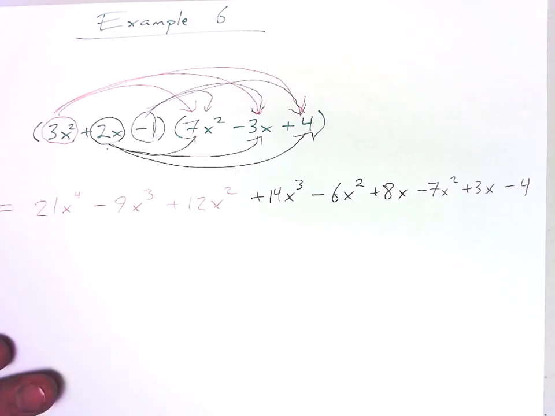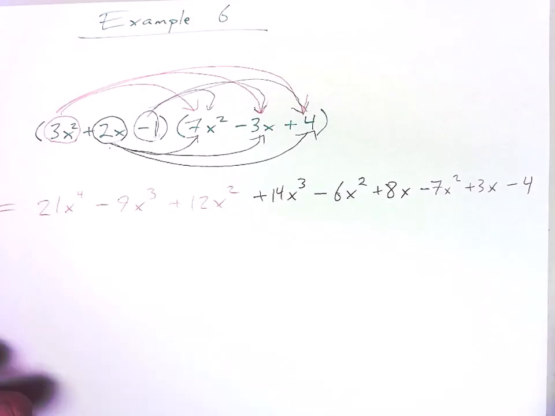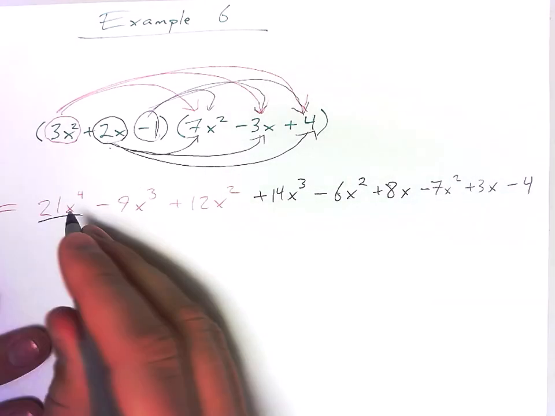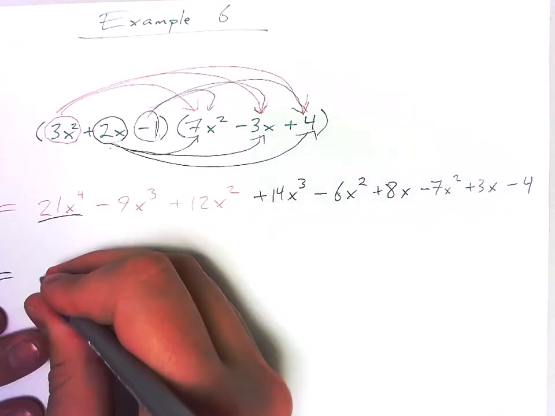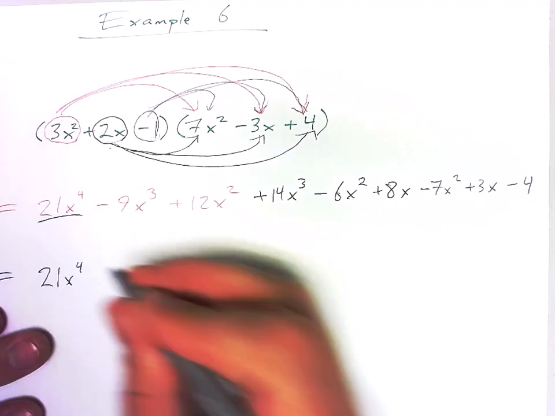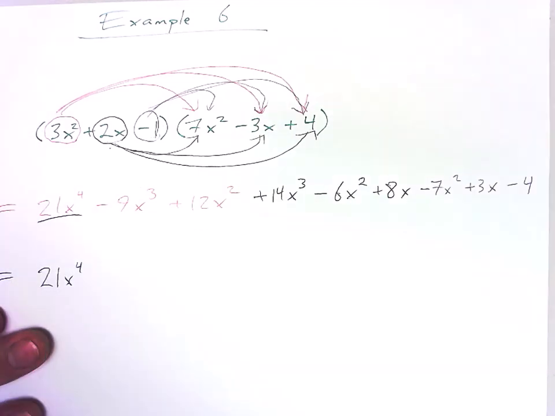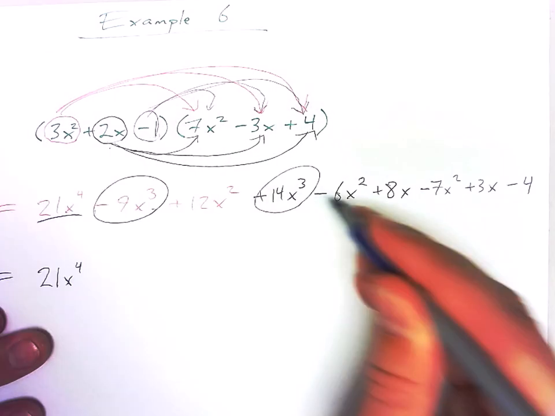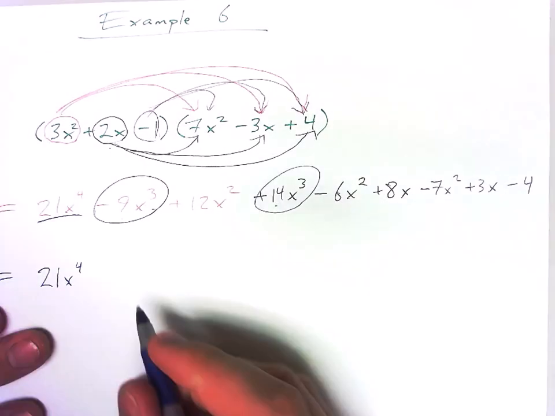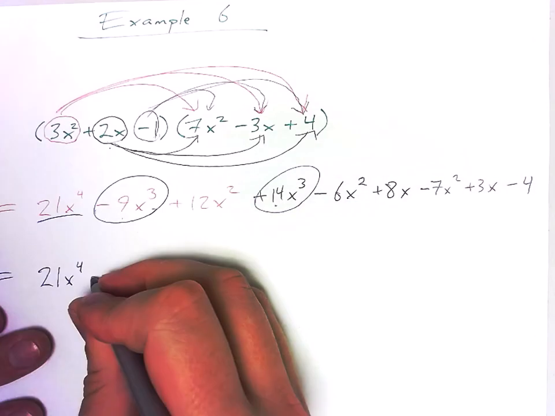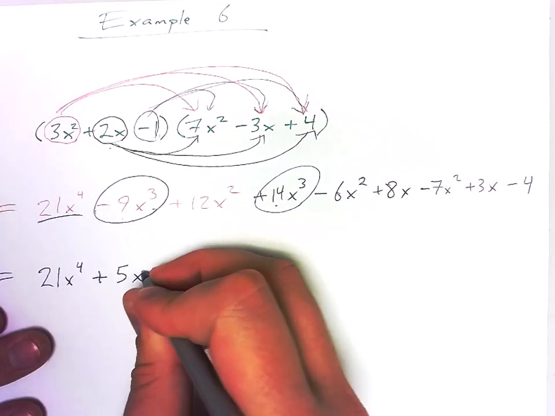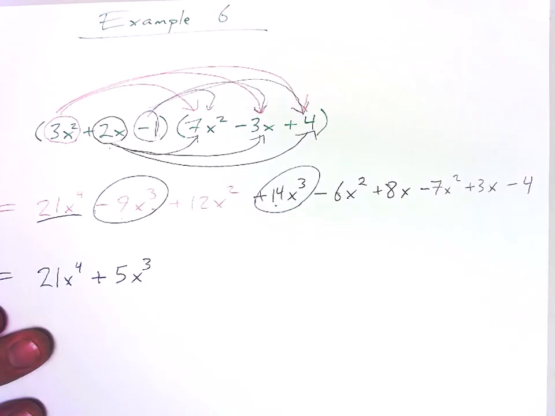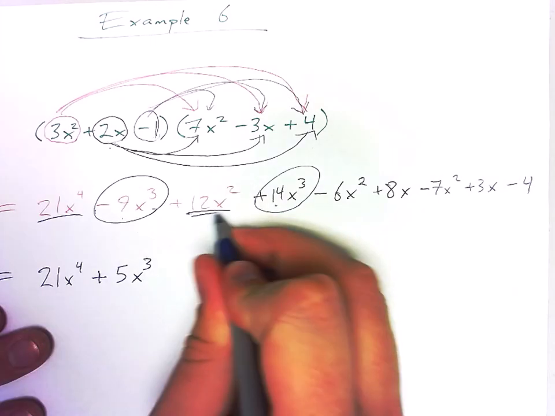Okay, so that's a lot, but we just need to add like terms now and we'll be done. So let's see. There's only one x to the fourth term. There are two x cubed terms here and here. So 14 minus 9, that makes 5x cubed when you put those together.